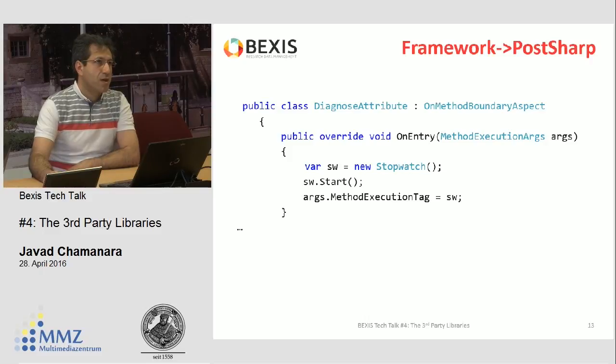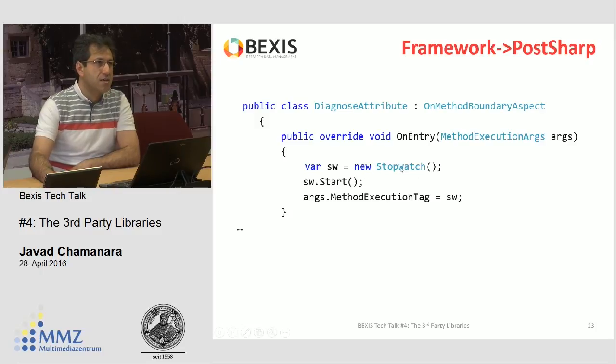With that, we can override the onEntry and onExit methods, for example, and then do something when the method tagged by this attribute is executed: just before execution of that method, and later, right after the method has ended. In this case, some context information is provided to these entries, and we can start doing something.